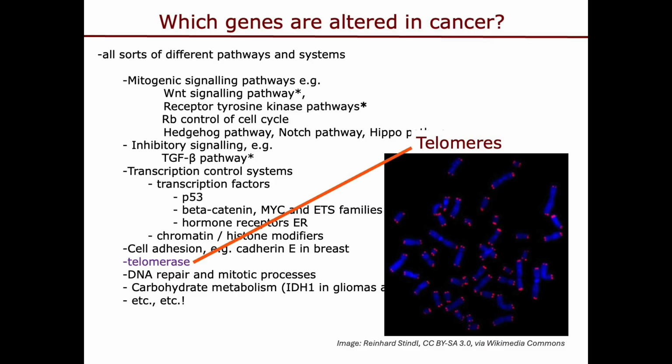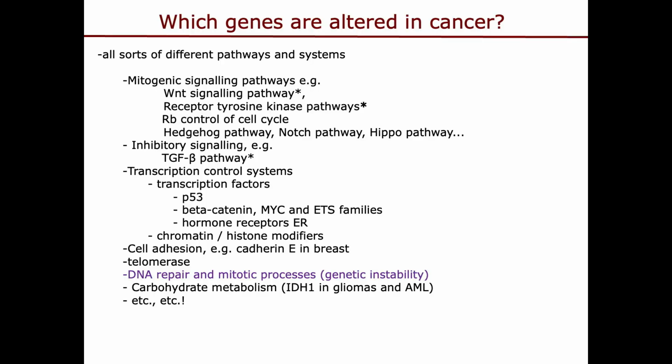Telomerase is the enzyme that adds telomeres and so allows cells to go on dividing beyond their normal division limit, as we discussed in a previous video. We now know, for example, that the telomerase gene is turned on by rearrangements of DNA in quite a few human cancers.